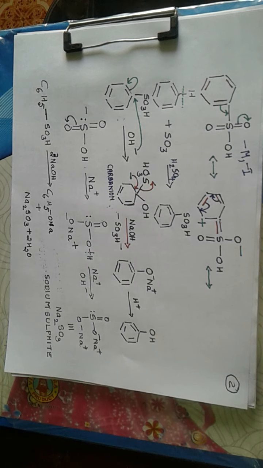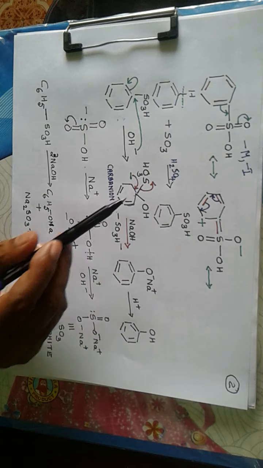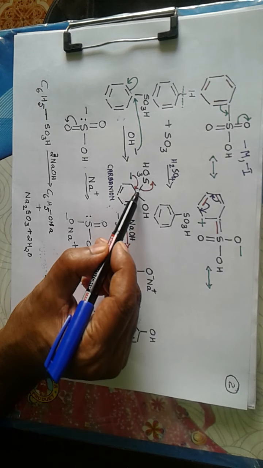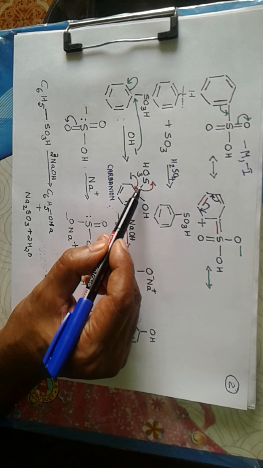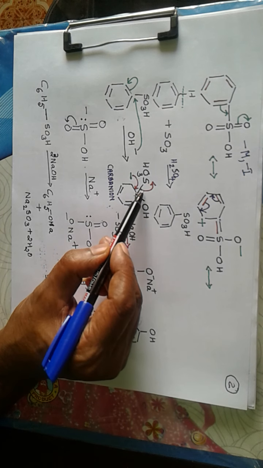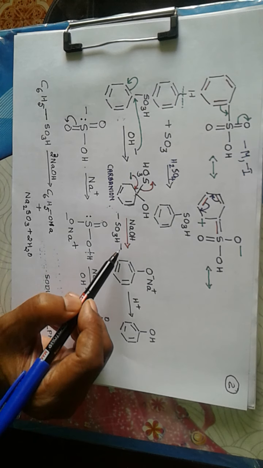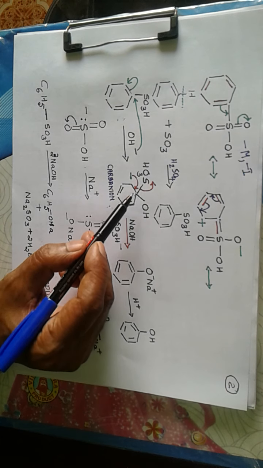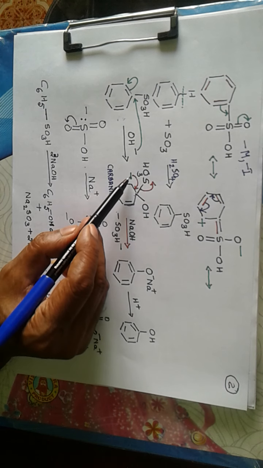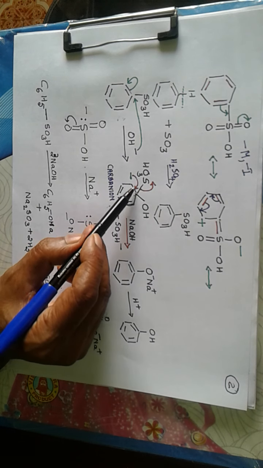Since an orbital in the third shell will have lower electron density, and again the overlapped region has a lower electron density, the CS bond is weaker, so it is easily broken away from the structure, so that this pair of electrons goes with the sulfur atom as SO3H negative, and OH is getting connected here, and this lone pair forms a bond here.